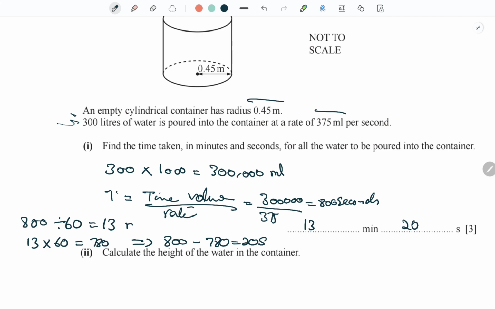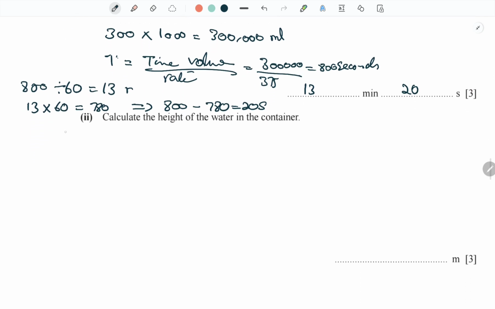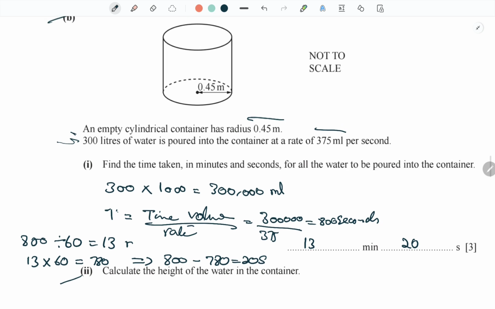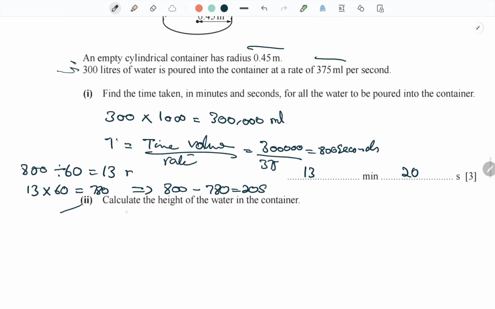Now in the next part, calculate the height of the water in the container. The radius is 0.45 and the volume is 300 liters.